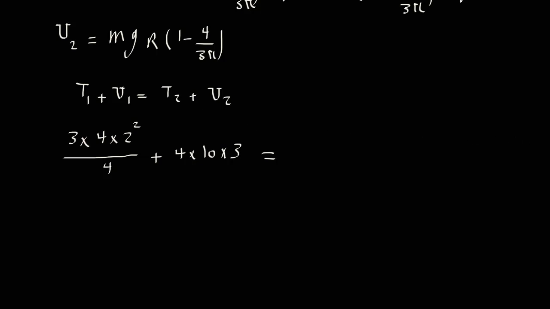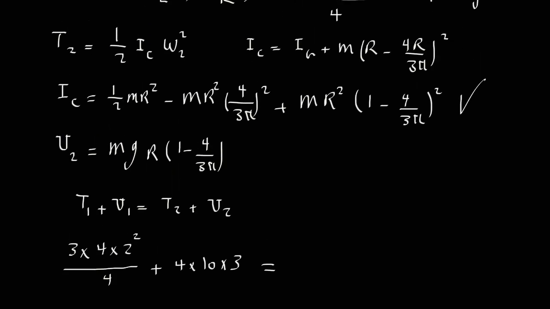For the right hand side, we have T2, which would be a long term because this IC is a long term, but basically, again, we have everything to calculate this. So this would be T2, which we can calculate, plus U2.